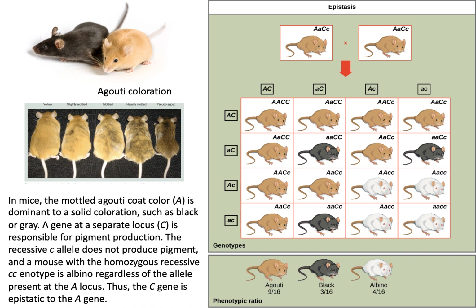Now, if you cross heterozygotes at two different loci, the A locus and the C locus, instead of getting a 9:3:3:1 ratio, which you would expect from a typical Mendelian pattern, what you get is a 9:3:4 segregation in the morphologies of the color pattern in those mice.